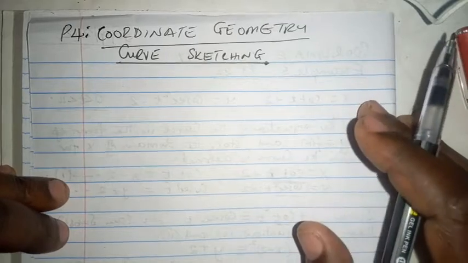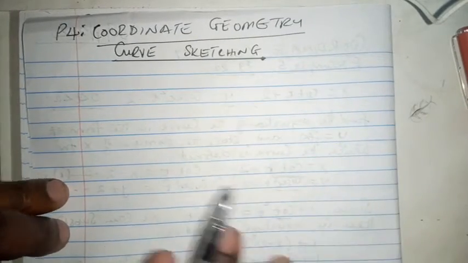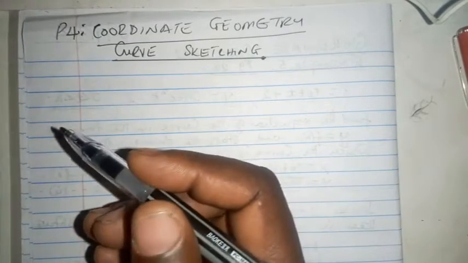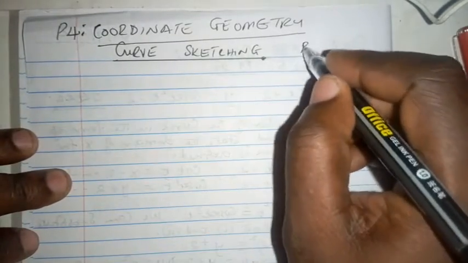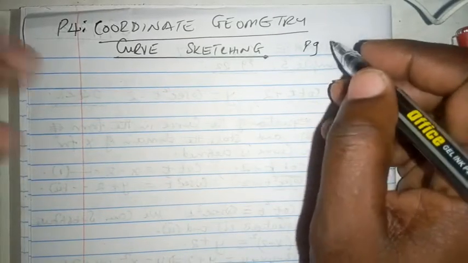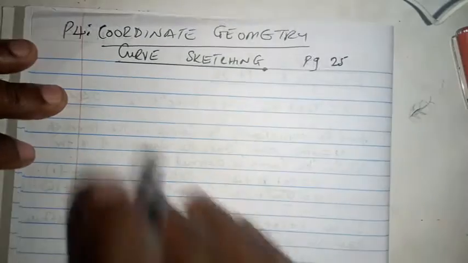And we have been talking about parametric curves, and I want us to just discuss something to do with example 6, which is on page 25.